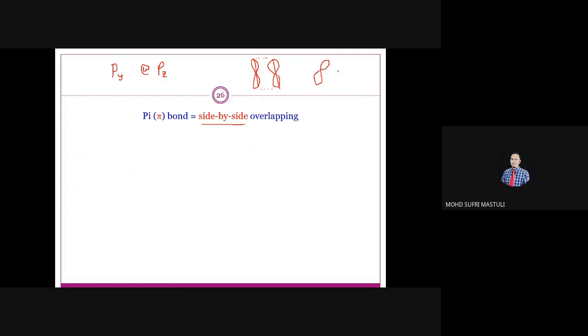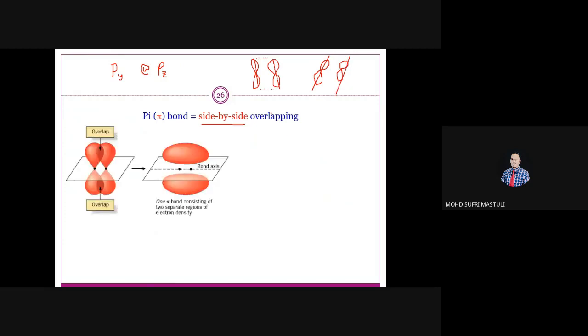Pz with pz. Okay, in this orientation. So this is the example of overlapping side by side to form a pi. Okay, so this one is a pi bond.